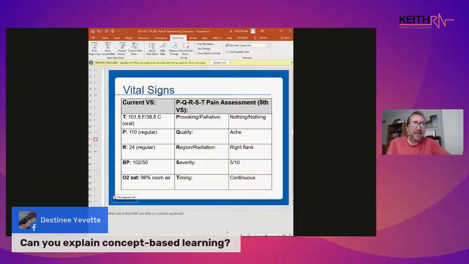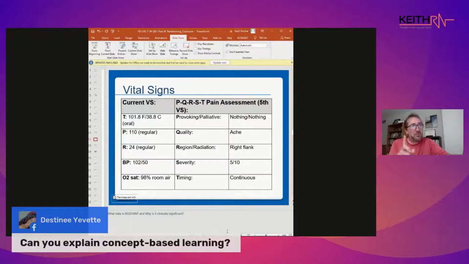That's a little higher than I'd expect with a temperature of 101.8. If your students understand the concept of perfusion, it could be a compensatory response due to volume deficit or dehydration. Or what is every patient with infection at risk for? Septic shock. We don't know that yet, though, so let's get more data.